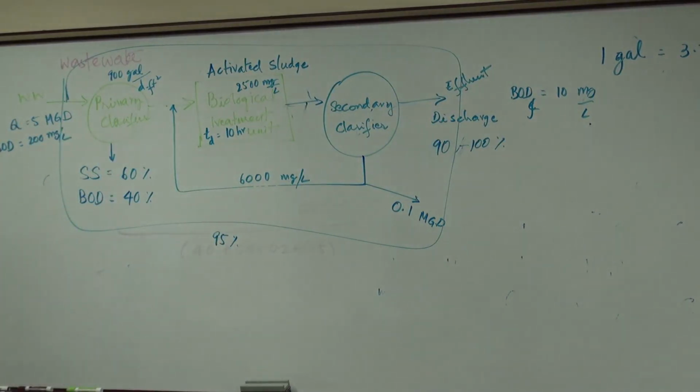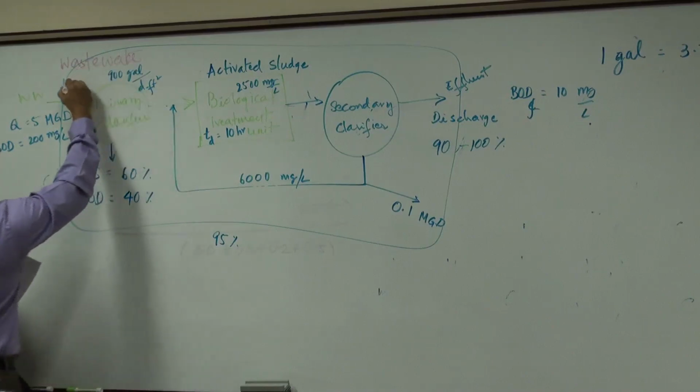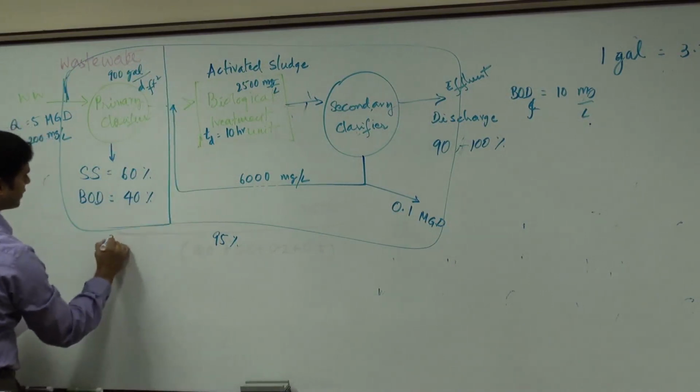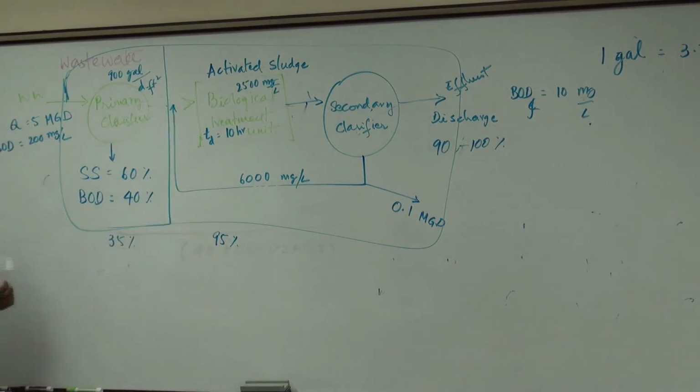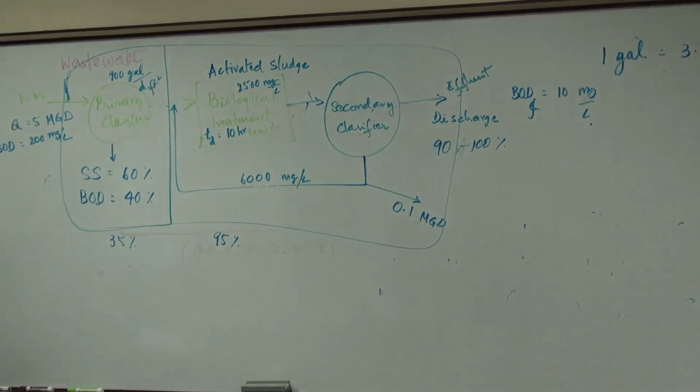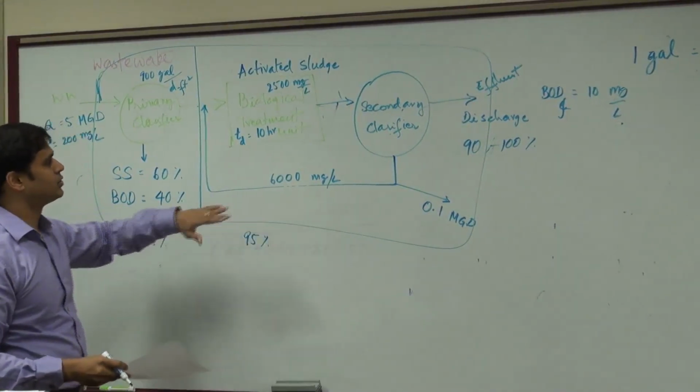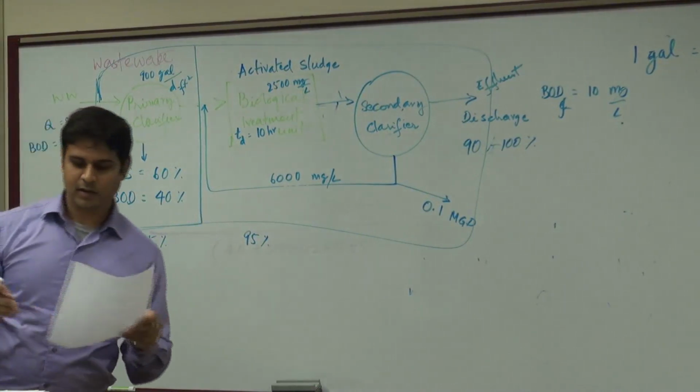That's what it said. And your primary clarifier, this part of the system, removes 35%. So are you going to say that this has removed 65%, but how are you sure it is not that way?